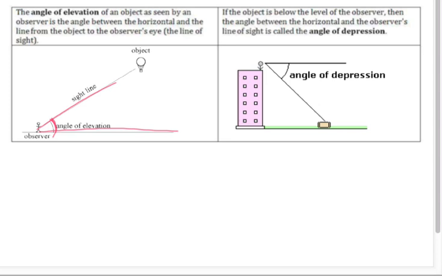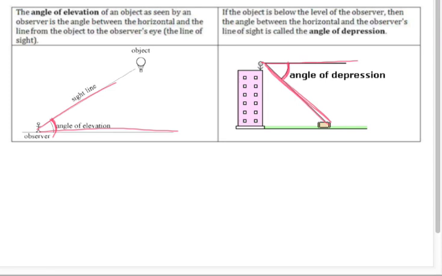Angle of depression is when the object is below the level of the observer, then the angle between the horizontal and the observer's line of sight is called the angle of depression. So it's looking out, and it's looking at this object, so this is my line of sight, so your angle of depression is here.